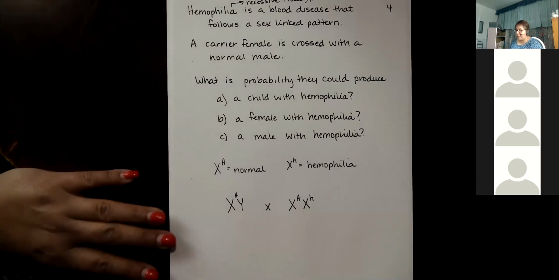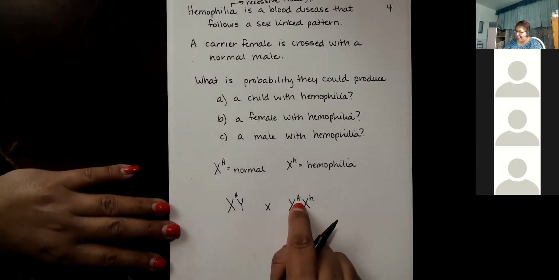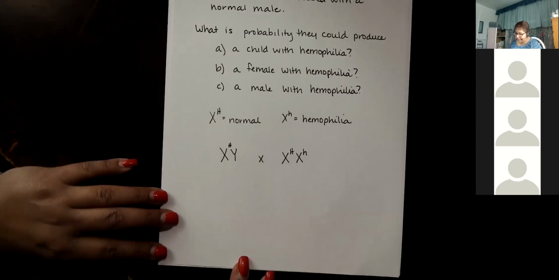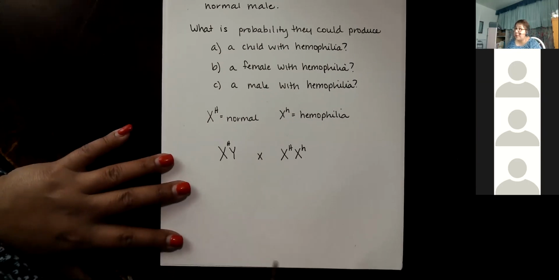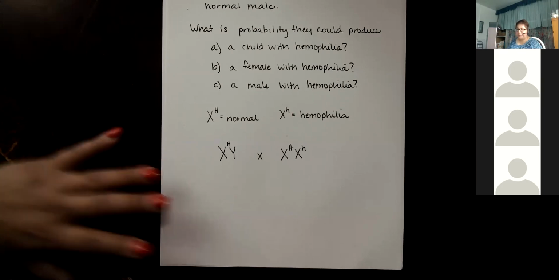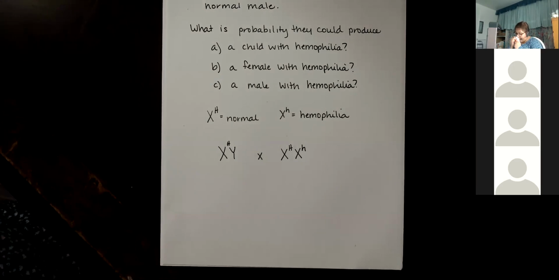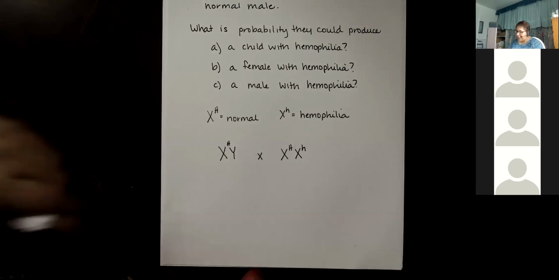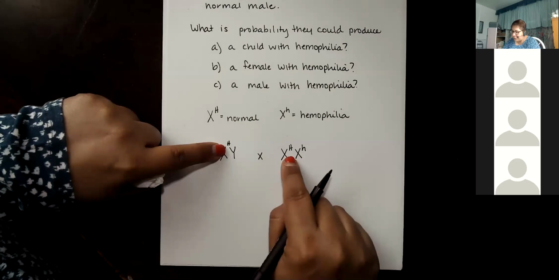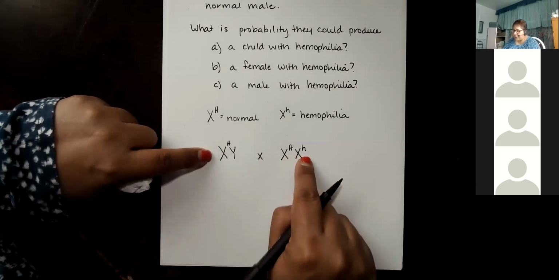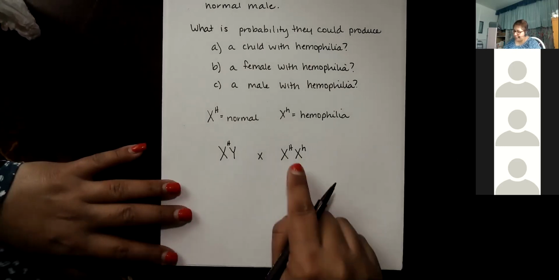So if you use C's, as long as you had one capital C and one lowercase c, you're still okay. Ladies, did you have something similar? Good. Again, it doesn't matter what letter you chose, so long as you have a capital on the male and then one capital and one lowercase on the female.